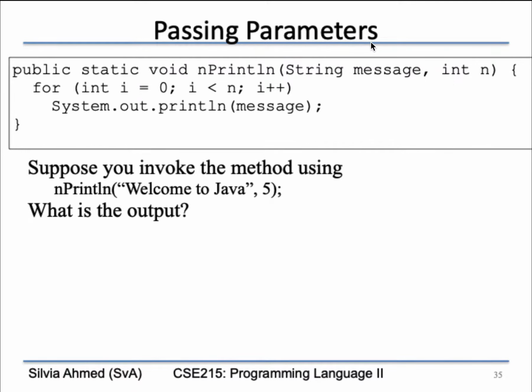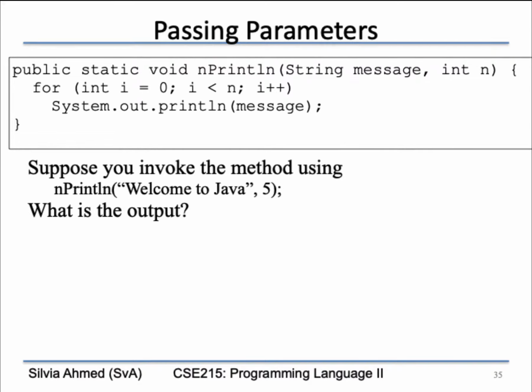Let's say we have this nPrintln method where the first parameter is a string and the second parameter is an integer value n. Inside the method there is a for loop that simply repeats printing the message that is passed here.